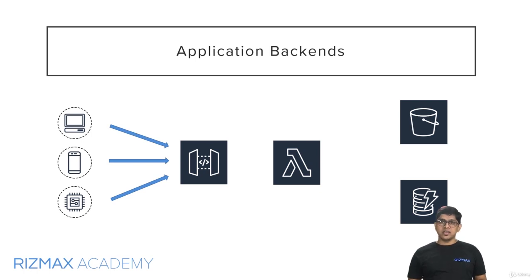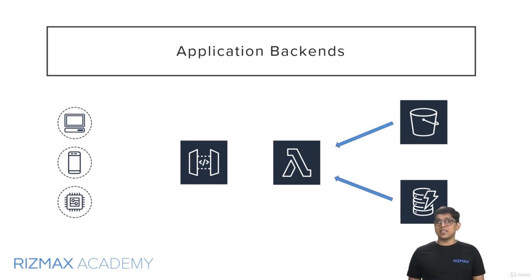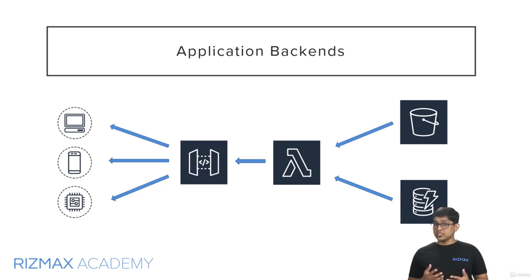API Gateway then triggers a call to a Lambda function, and the Lambda function then coordinates with different web services like S3, DynamoDB to generate a response, and then returns that response back to the end user, possibly through the same channel like API Gateway. Amazon S3 can also be used to create the app front ends in this case.